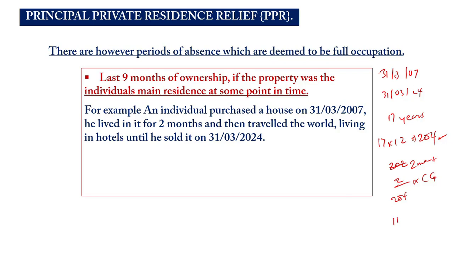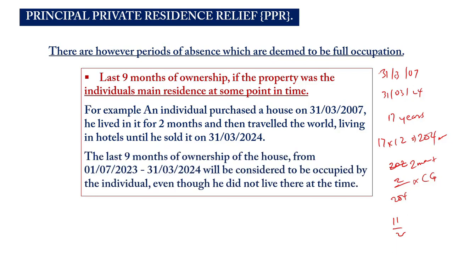So it will be 11 over 204. Okay. So the last 9 months of ownership of the house, from 1st July 2023 to 31st March 2024, will be considered occupied by the individual, even though he didn't live in it. Do we get that? Is that understood, please?